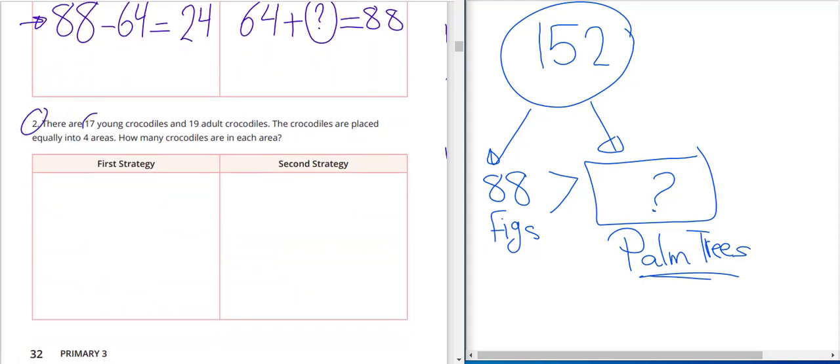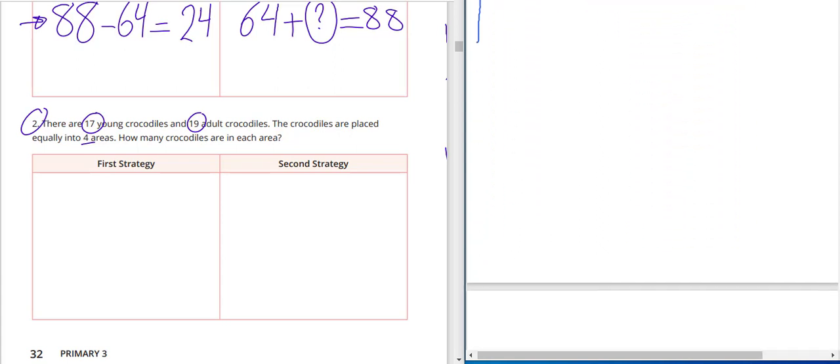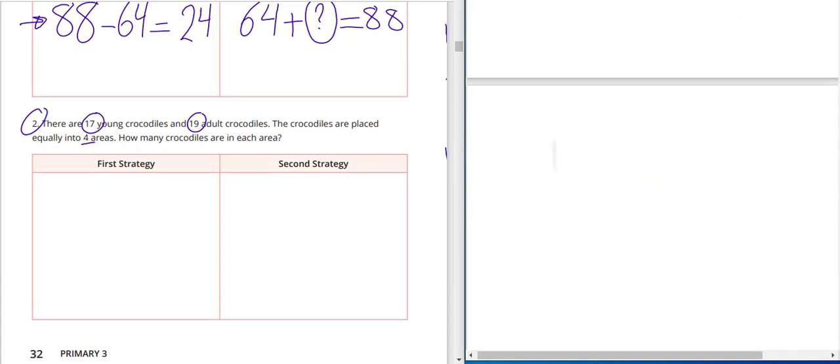Next exercise. There are 17 young crocodiles and 19 adult crocodiles. The crocodiles are placed equally into 4 areas. How many crocodiles are in each area? To get the number for each area, we have to find the total number of crocodiles at first.